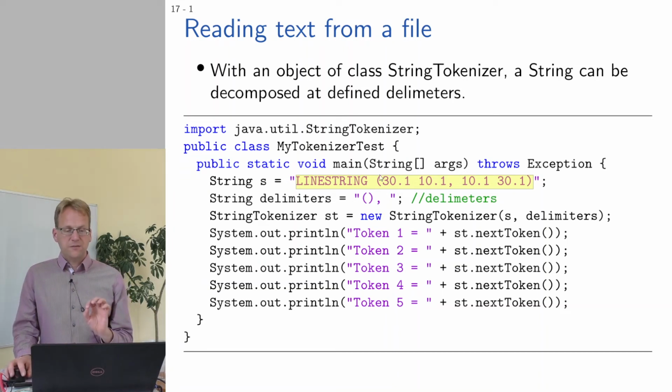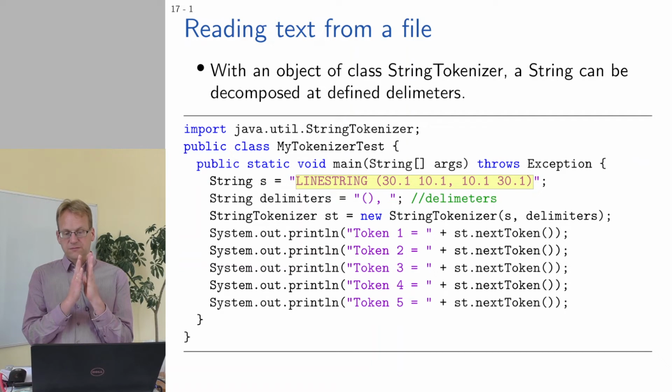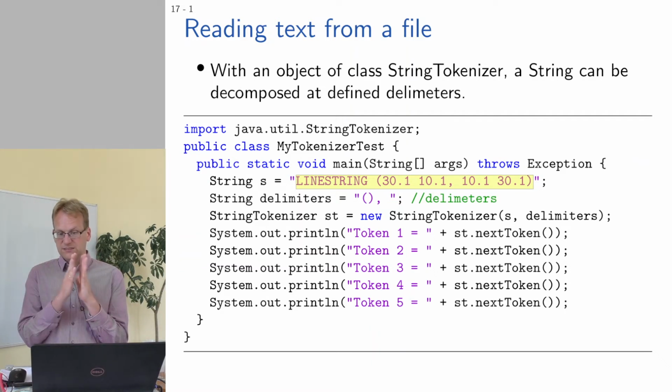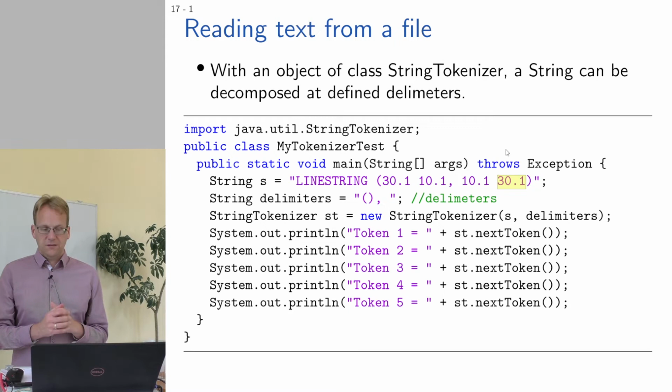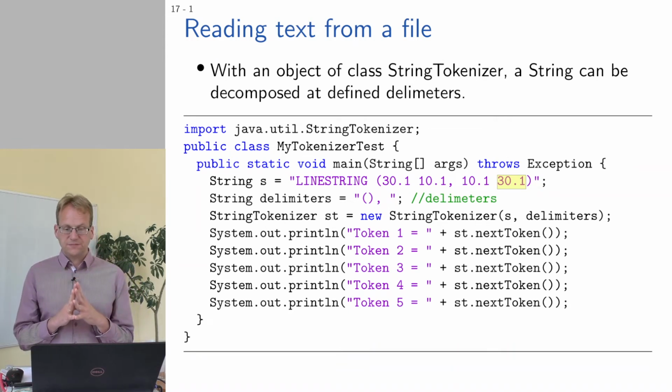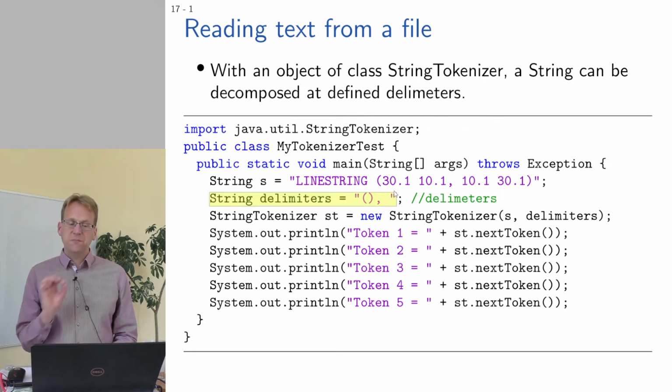Now, of course, we need to chunk this string into meaningful pieces. In particular, we are interested in these coordinates 1, 2, 3, 4. So what we need to do is say, okay, what are the symbols that we use to delimit these interesting parts of my string, the string delimiters?